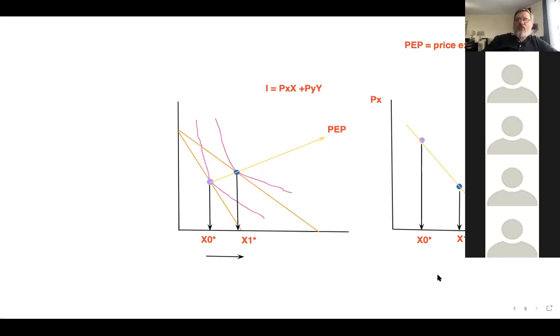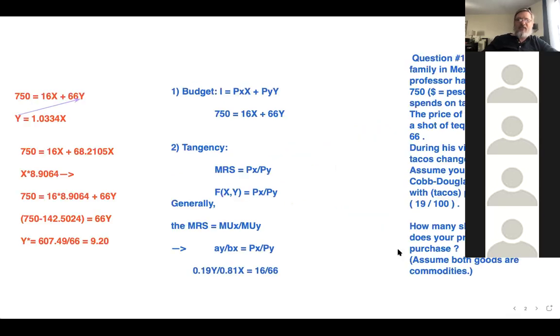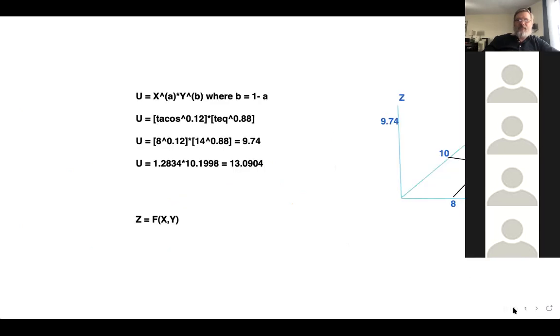Okay, so what you can show pretty easily, but I'll let you figure this out, is that if a consumer has Cobb-Douglas preferences, and so we said it's tacos to the 0.12, then when they're choosing their optimal consumption bundle, they will always spend 12% of their income on tacos and 88% of their income on tequila.